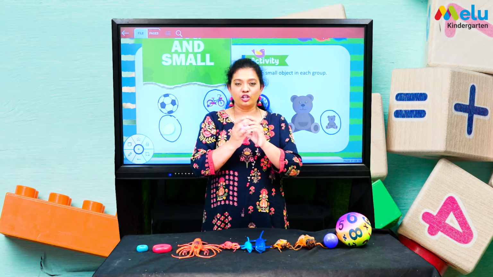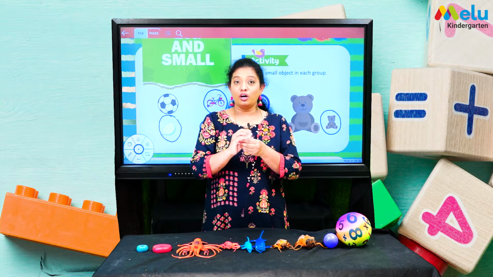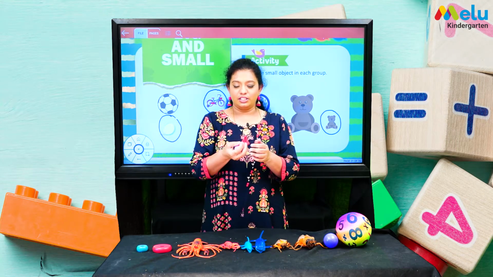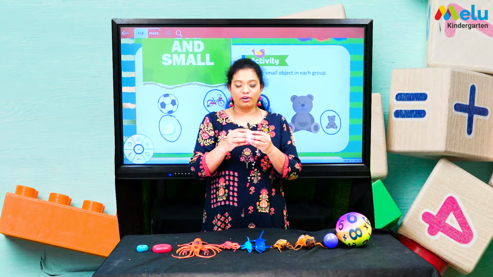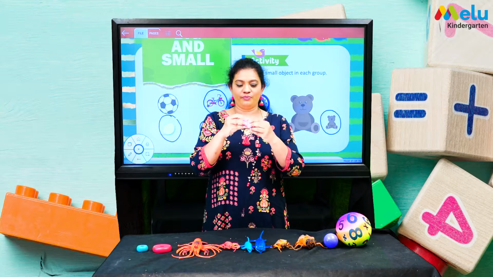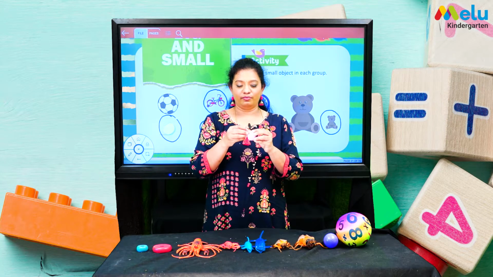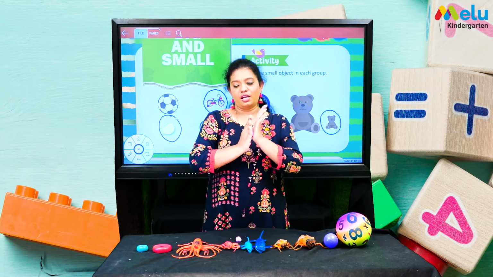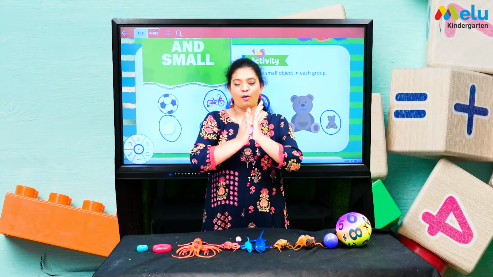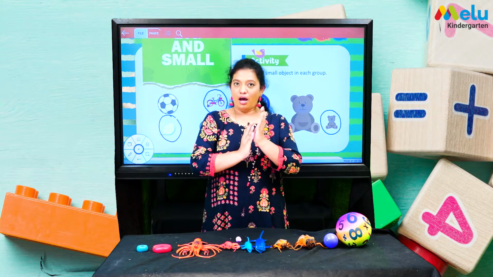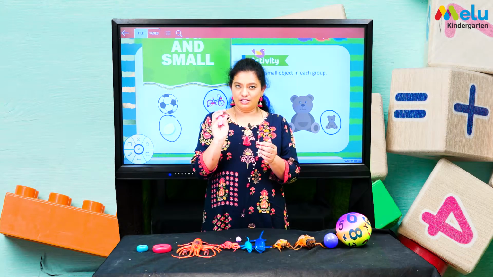When you are doing like this, your fingers will get strengthened up. Okay, children? Right. So I am dividing the clay into 2 portions. And again I am making a proper round by using my palm and fingers.